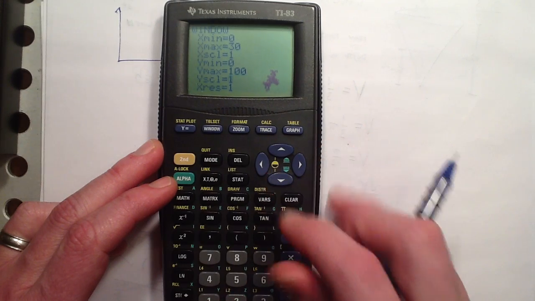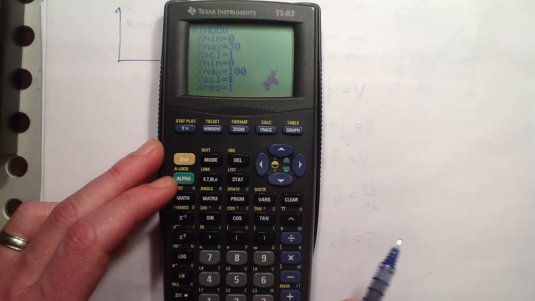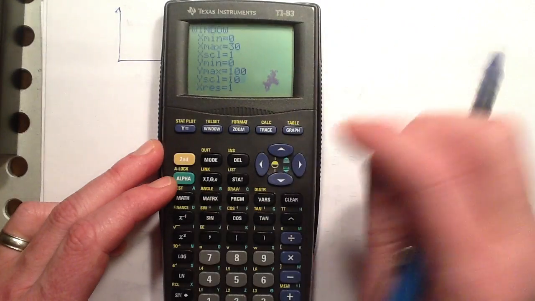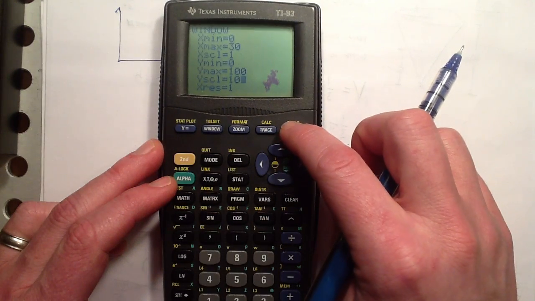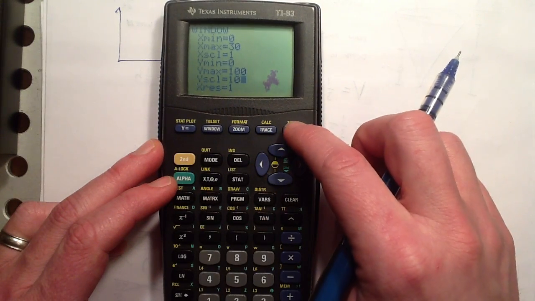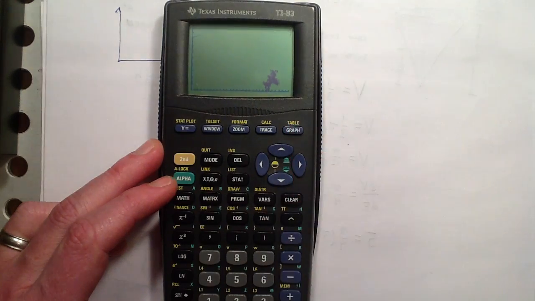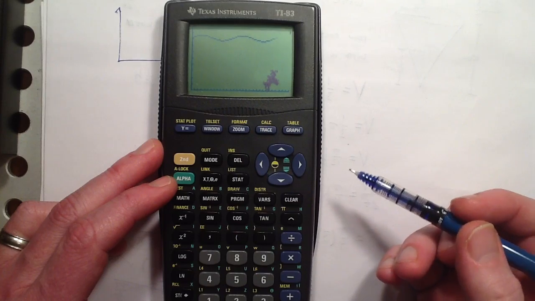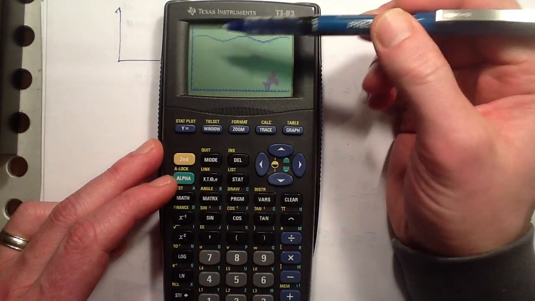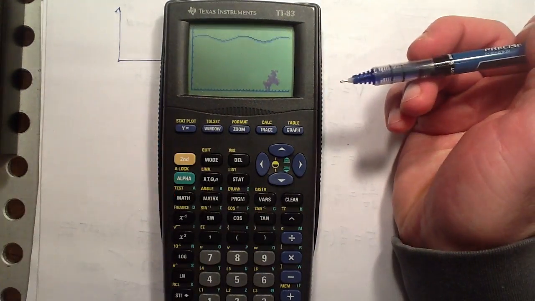See how that works. And then I'll set my y-scale to 10, so it marks by tens. Okay, so this is the rate at which cars are moving through.